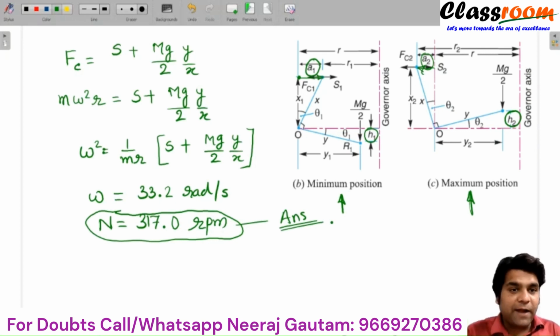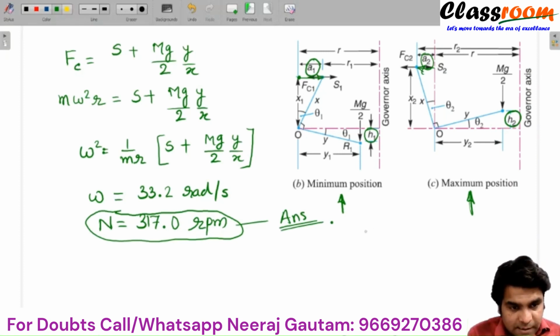We can easily write the relation between A1, R1, H1, as we know that R minus R1 divided by H1 is equal to X1 by Y1 or X by Y. Now similarly for here we can write, and using H1 and H2 we can determine the R1 and R2 values.